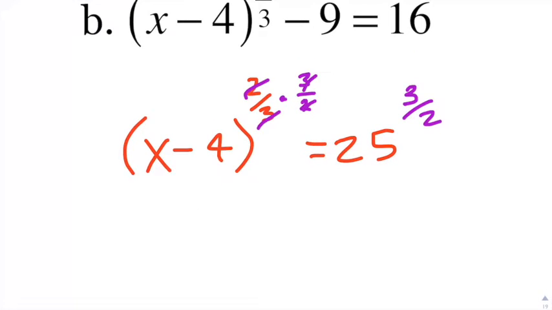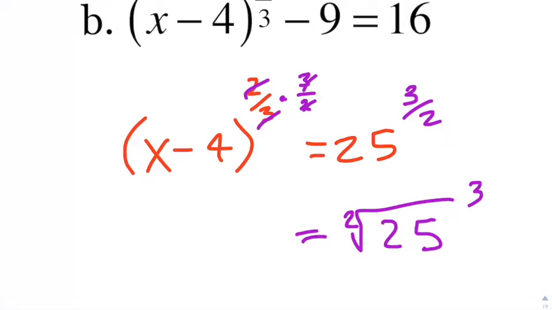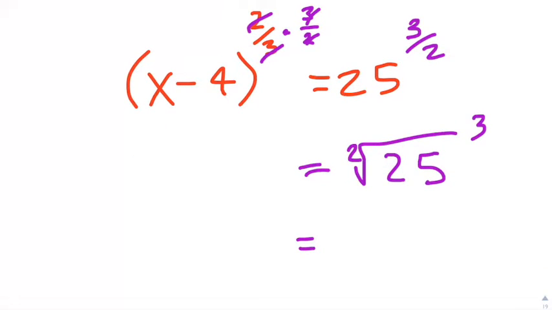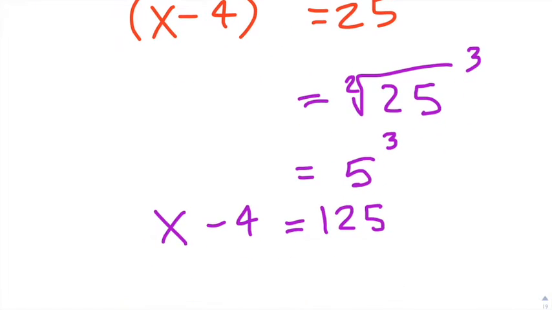And that should cancel everything out there. 25 raised to the 3/2 is the same thing as the square root of 25 cubed. The square root of 25 will be 5, and then 5 cubed, I believe, is 125. And then we still have x minus 4 over on the left side.